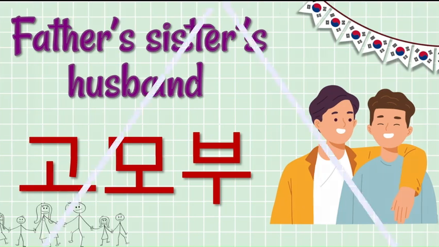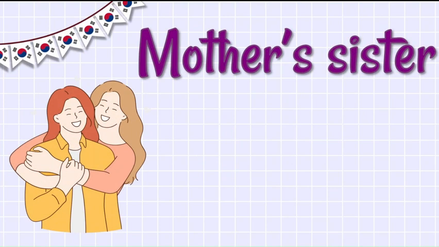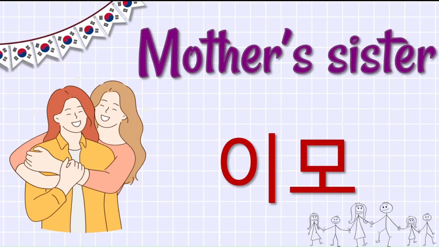Next comes the Korean word for mother's sister, and that is 이모. 이모. See, father's sister is 고모, and if you remove 고 and add 이 in its place, it translates to mother's sister.